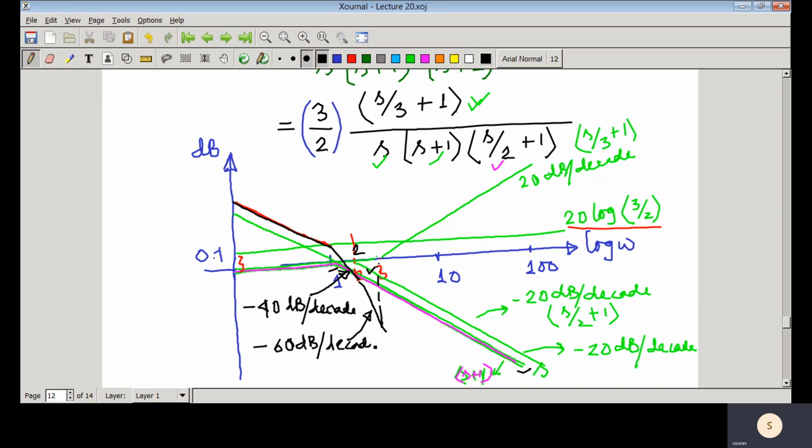The reason is, here you have S and S plus 1, that is -40, and for this particular point there is another slope -20, so -60 dB per decade. And you can see in the plot, it is very difficult to understand whether it is -40 or -60. So whenever you draw an asymptotic Bode plot, you should not forget to mention the slope. So here that slope is -20 dB per decade.